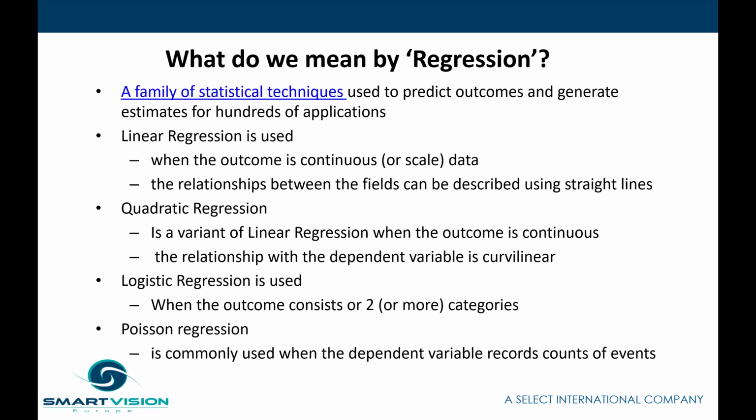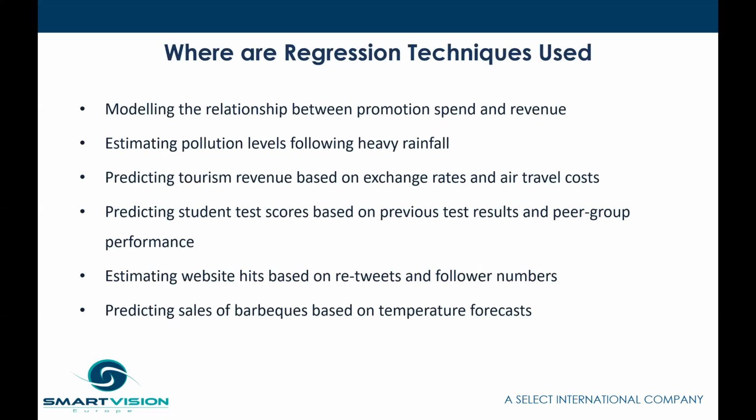So Poisson regression could be used in modeling things like the number of goals scored in a football match, or the number of times that somebody relapses in a treatment program, or the number of failures that a machine or an asset exhibits over a 2 year period or something like that. So there is a family of techniques.